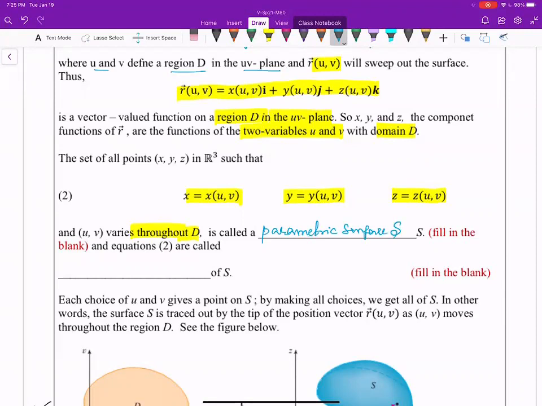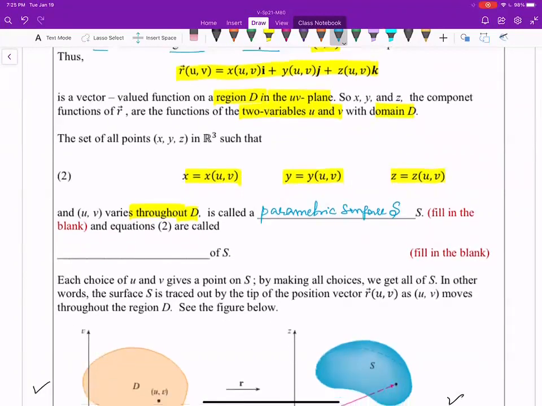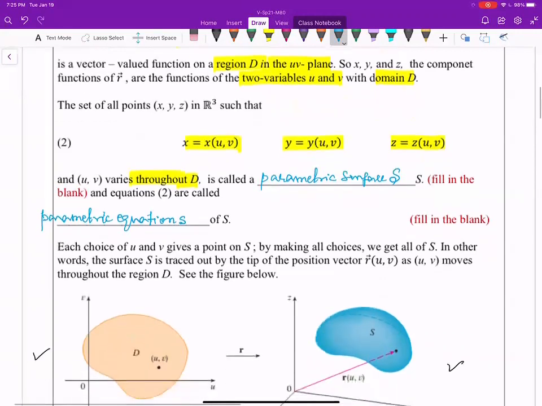And these equations are called the parametric equations of S.